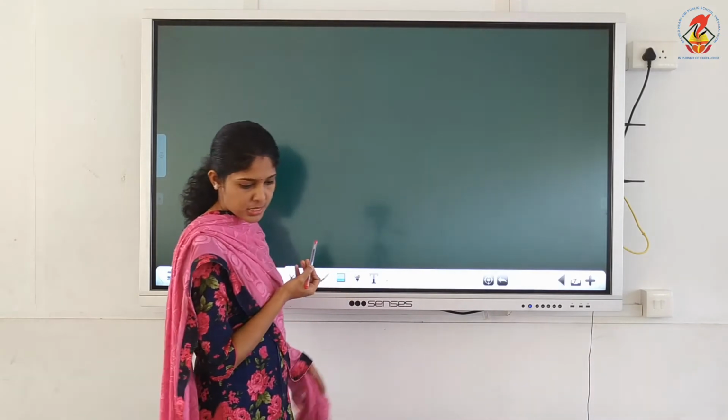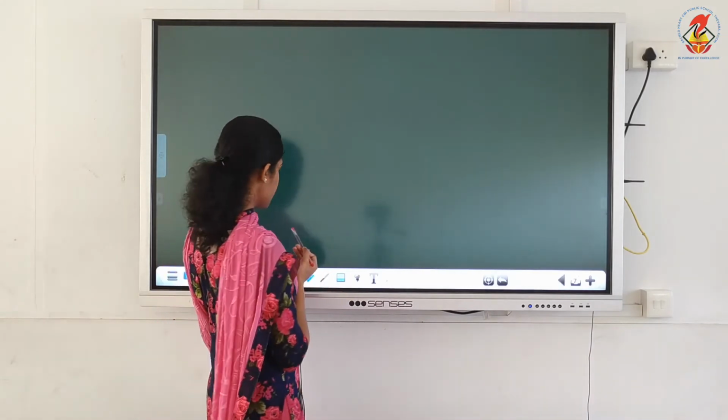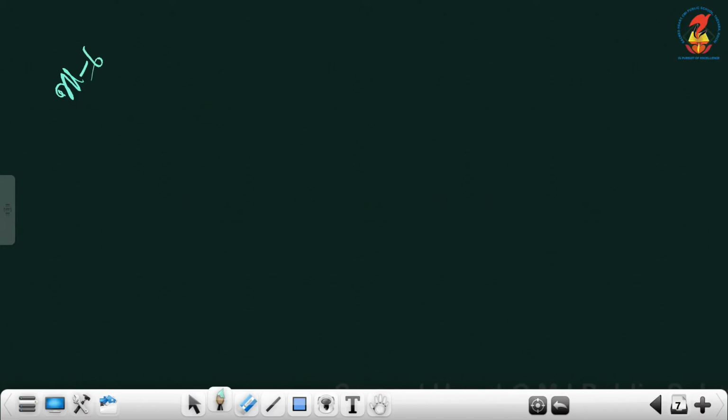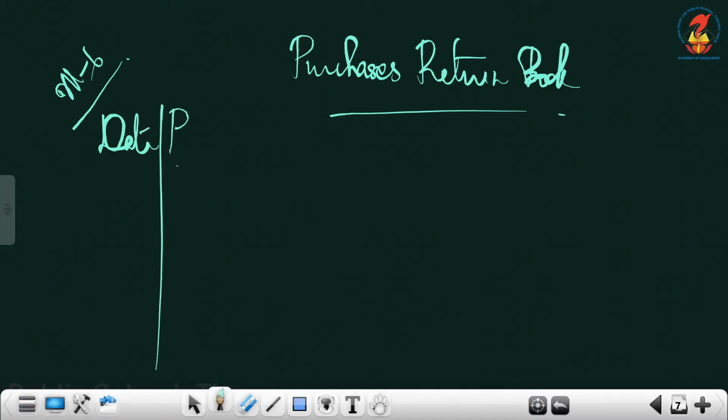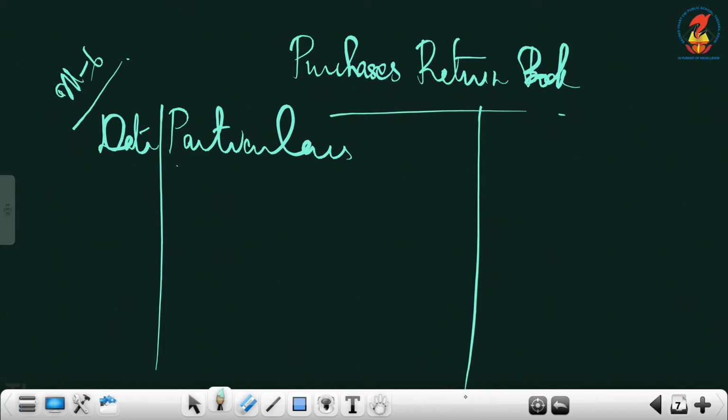So we will write purchases return book. We are going to work out illustration 6. Give the heading purchases return book or returns outward book. And the format is date, particulars. Instead of invoice number you must write debit note number.